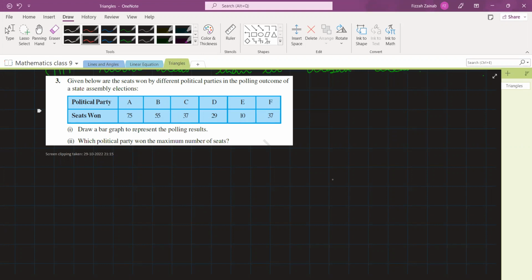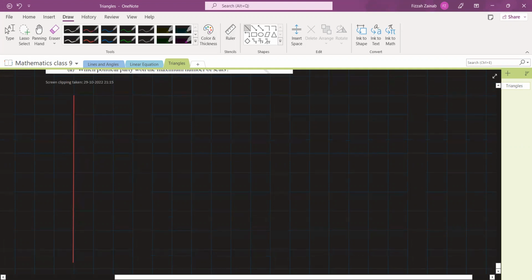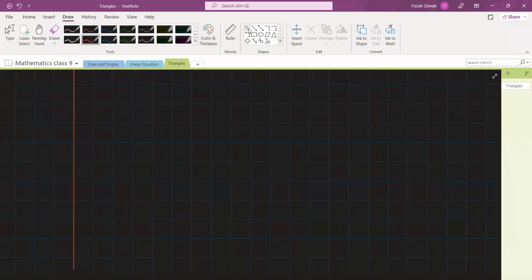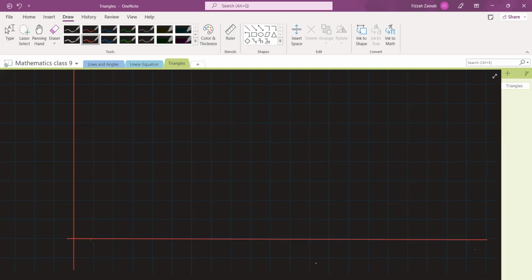You can again choose two axes. On one side I'm going to take my political parties and on this side seats, which is increasing in this order, right?